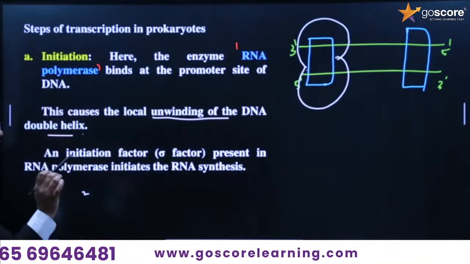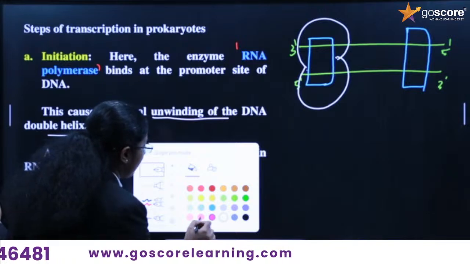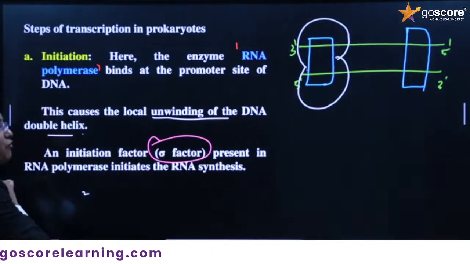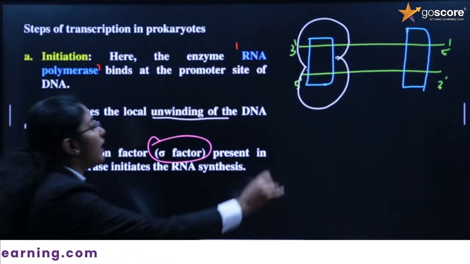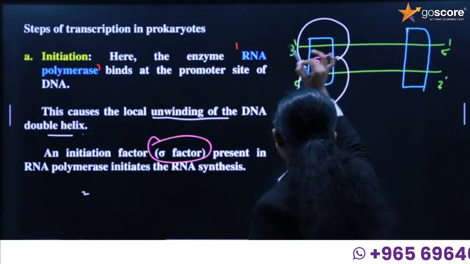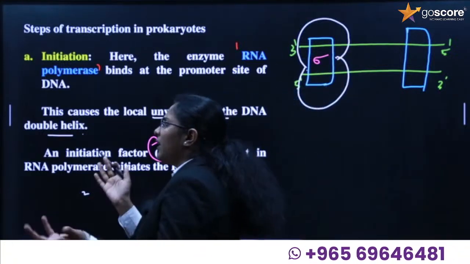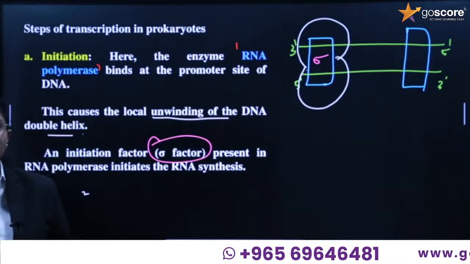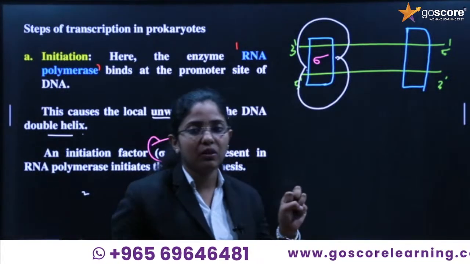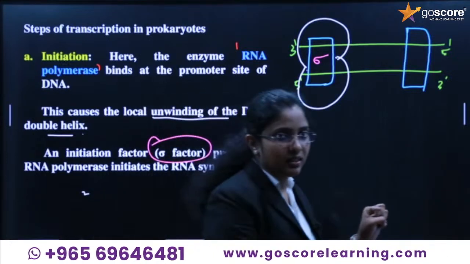There is an initiation factor, and that initiation factor is known as sigma factor. They have searched everywhere and came here with the sigma factor. After unwinding, the sigma factor understood that there is a promoter region here. It binds to that site and starts the synthesis.